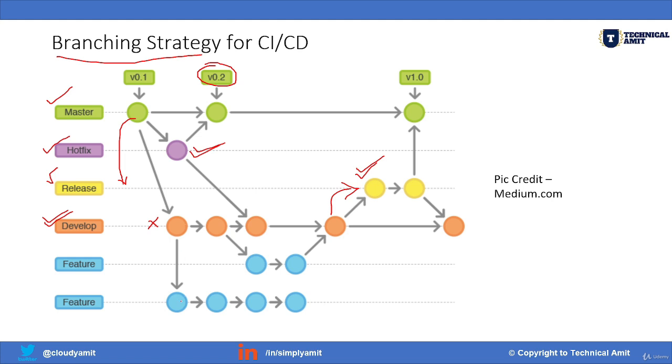So from where do we create the feature branch? We create the feature branch from the developer branch directly, as you see here. Suppose that we are creating a feature where we want to give the ability for order management.